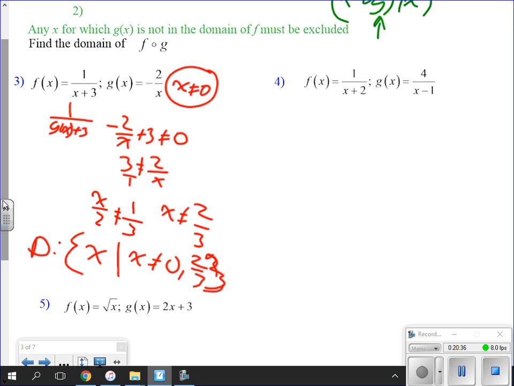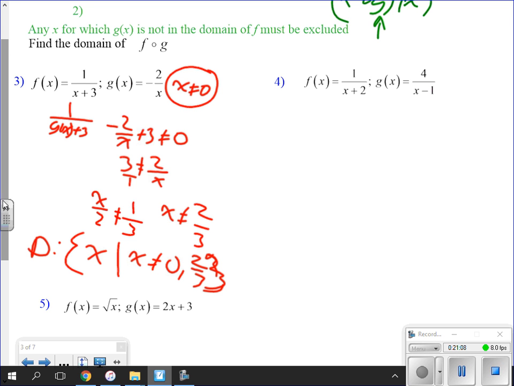My domain is the set of numbers x such that x cannot be 0 or 2/3. Anything else works. This is set notation. Okay. You have interval notation, you have set notation, you have lots of different ways of saying the same thing. Set notation is what's in the notes. Set notation is what you're going to see probably in the book. Set notation is what you will probably see on your answer key for the worksheet you're going to use tomorrow.